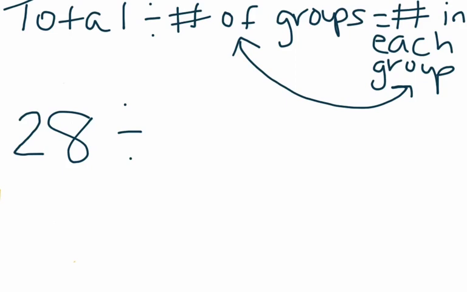7 cars are available to drive the children. If the children are divided into equal groups, how many children will ride in each car? So now you're thinking in your head, which one of these things is number of groups or number in each group?